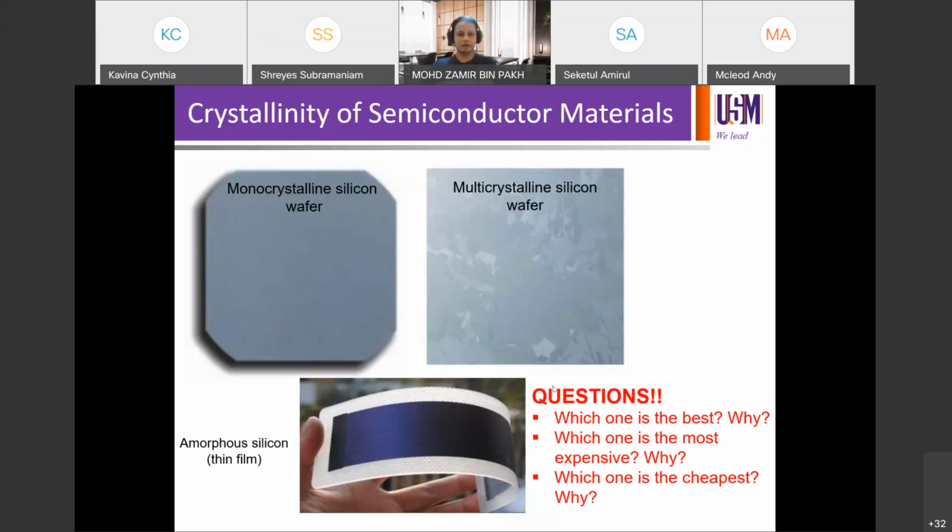On the other hand, if you look at this one, this is amorphous silicon. This is not on wafer because they are based on thin film technologies, where you do the cross section of this thin film on plastic, because they are flexible. The thickness of the thin film is usually in the range of 1 to 2 micron.